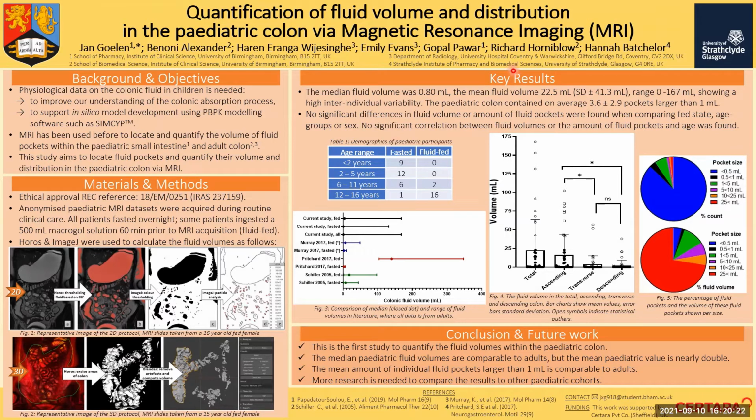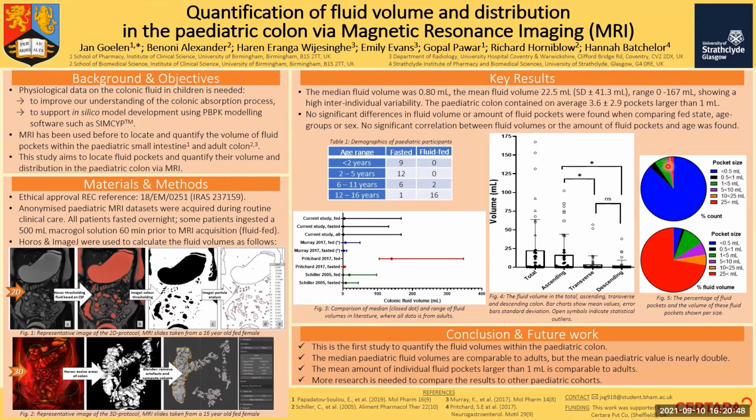When we compare the amount of fluid within the different segments of the colon, we can see a clear decreasing trend when you go from proximal to distal colon. Again, when we are looking at the individual pocket volumes, we observe that only 9.6% of the pocket volumes, so from green till red here, are bigger than 1 ml.